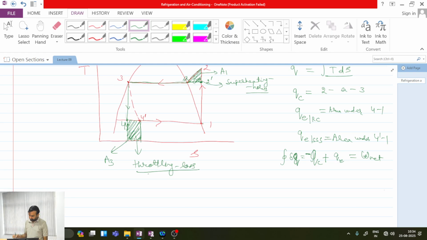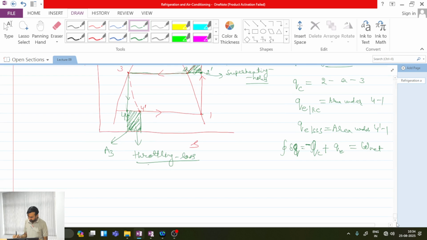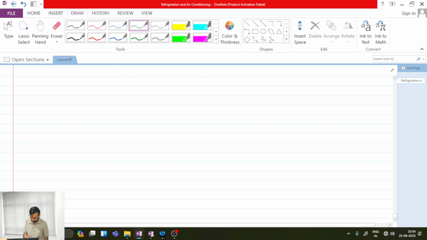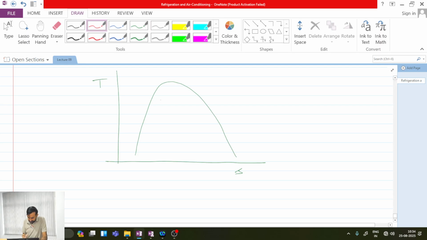Now let me discuss one key aspect. If I represent the temperature entropy diagram, my constant pressure lines are something like this. This is PC, and in the subcooled region it extends something like this.